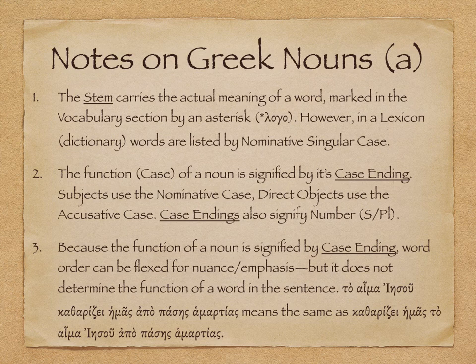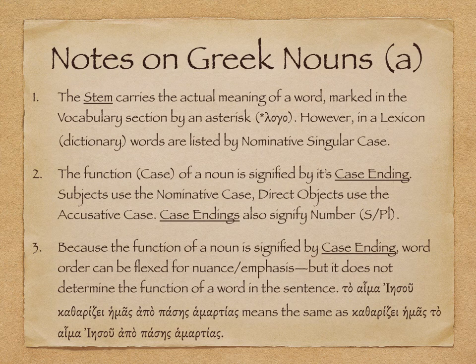And the word with the asterisk in parentheses, that is the stem. In a lexicon or dictionary, words are listed by their nominative singular case. Lexicon is just a dictionary. Don't be intimidated by the term lexicon. In the back of Mounce, there's a dictionary or lexicon, and nouns are listed by their nominative singular case. So that will be the case you look them up under, and then you will notice the stem there as well.